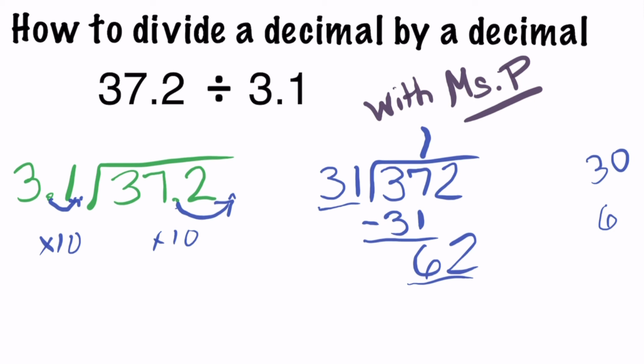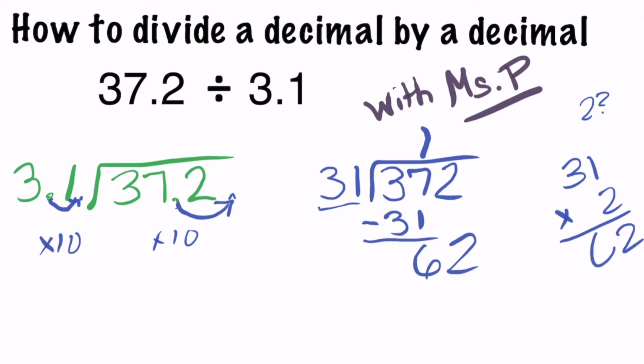Now, let's try to take the actual number, 31, and multiply it by 2 to check if our guess of 2 times is correct. 2 times 1 is 2, 2 times 3 is 6, so 31 times 2 is 62. That's exactly the number we were looking for.